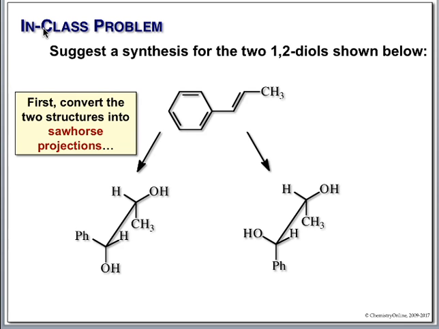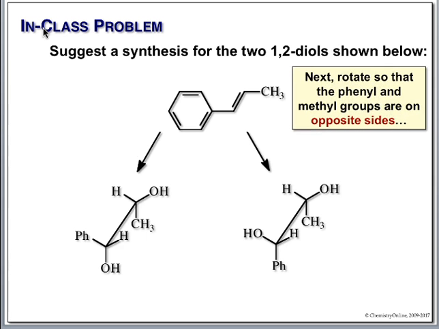Now I can do this easily by just rotating the methyl up a little bit, this hydrogen down, this hydroxyl up. It would look like this. Now let's watch it again. All I did is move the methyl up a bit, OH group up, hydrogen down, and now you can clearly see that these are trans.